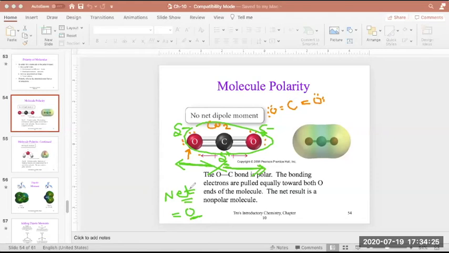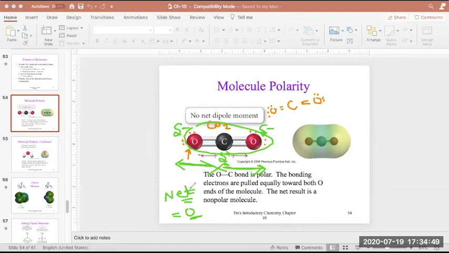Even though the molecule has individual dipole moments, you have to look at the net dipole moment. If it is zero, then the molecule is non-polar.